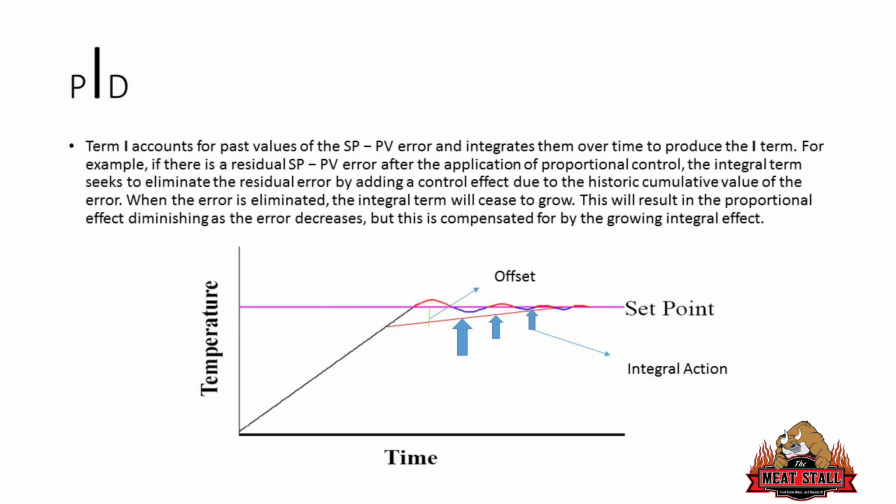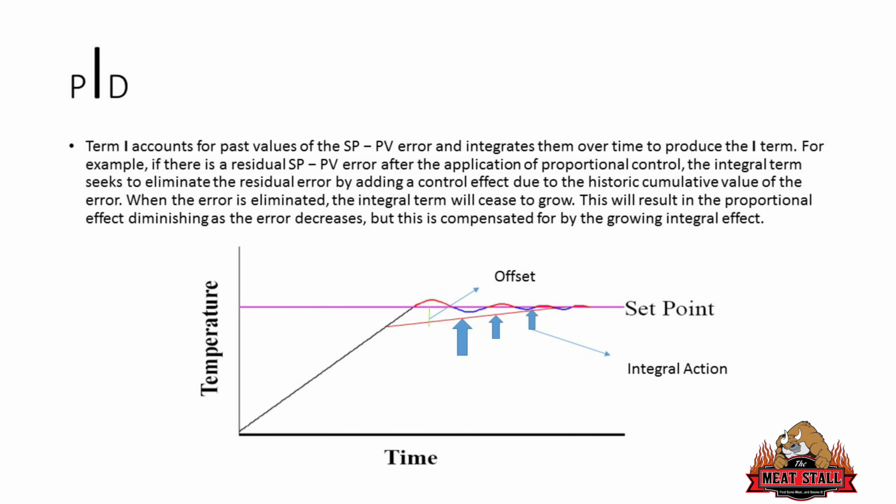When the error is eliminated, the integral term will cease to grow, resulting in the proportional effect diminishing and the error decreasing. But this is compensated for by the growing integral effect. I know that's difficult to understand because it was difficult to read.